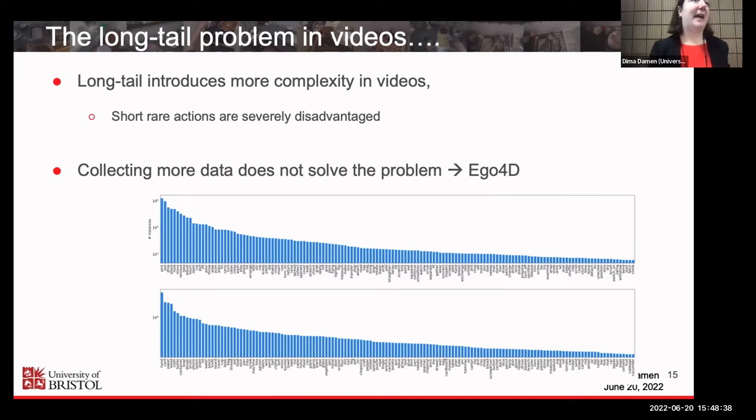We can give people cameras, and we've done that, and we've recorded hours and hours, 6,700 hours. We still have exactly the same problem. We still have cases, sorry, I can't read these in detail, of activities that we only have 5 examples of. It's peculiar how similar this distribution is to Epic Kitchens, which is 100 hours. We still have the same problem.